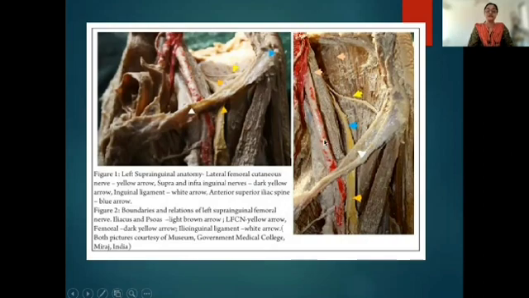You can see the fascia iliaca going over the femoral vessels, and this is the femoral nerve, which is further away from the vessels suprainguinally, whereas infrainguinally you can see how the nerve runs along the vessels.